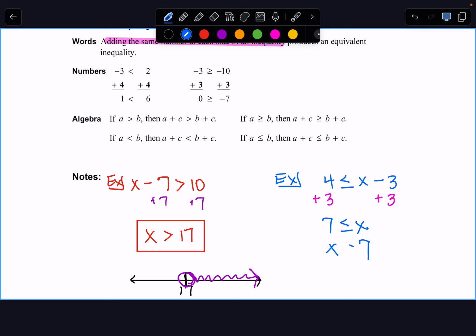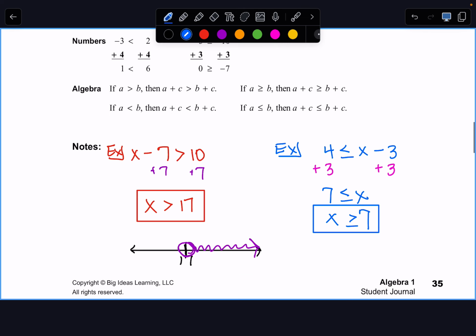We need to make sure it still does that when we rewrite it, okay? So we have x is greater than or equal to 7. So when we graph it, we will have a what kind of circle at 7? A closed circle, and since it's greater, we'll go to the right. Okay.